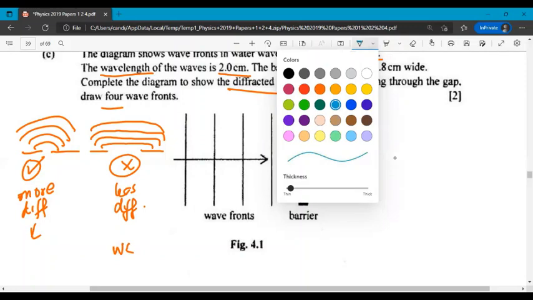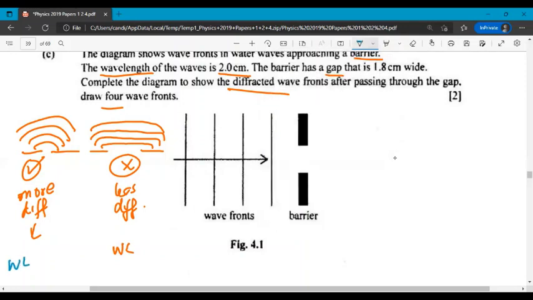This happens when the wavelength is greater than or equal to the gap size. This happens when the wavelength is less than the gap size. Okay, so small gap, large gap.